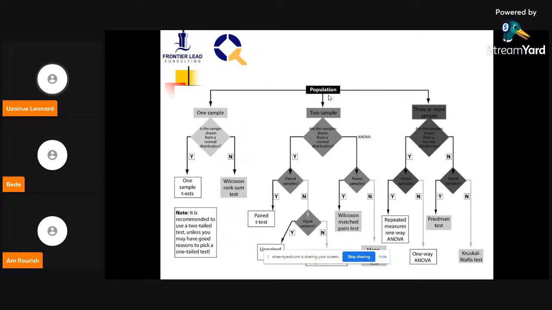I don't know if you get that. The type of statistic you are going to choose will depend on the population you are looking at. That's the first point of call. The next thing you will ask yourself is, is this sample drawn from a normal distribution? That is the next thing we are going to look at after this.